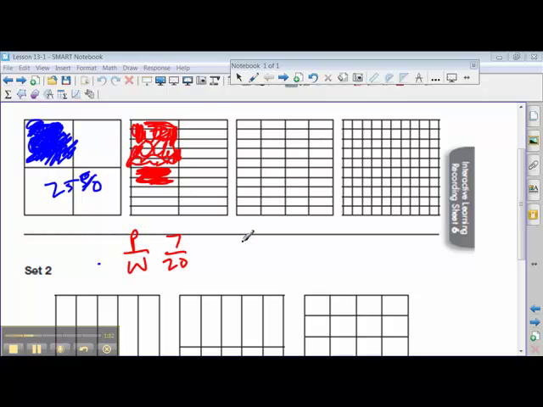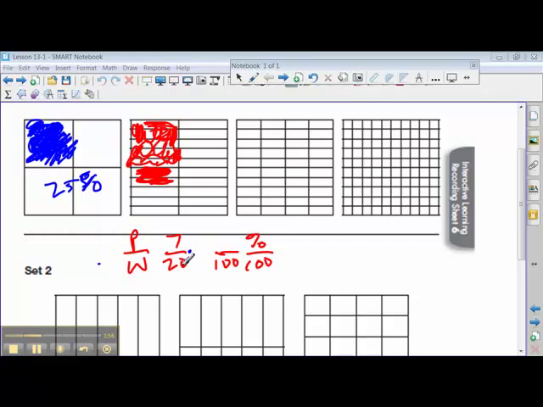So 7 out of 20 is what percent of 100? I have to change this into something over 100. A percent is a fraction or part of 100. So I have to change whatever number I have, I need to change to 100 to find out the percent. So how do I turn 20 into 100?